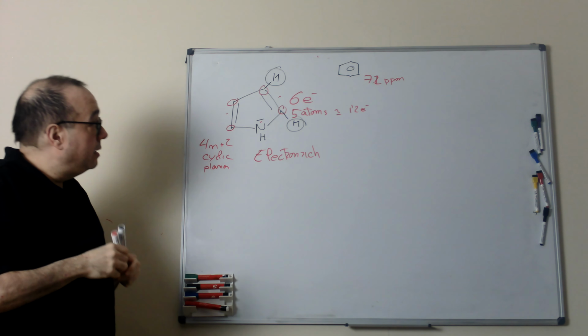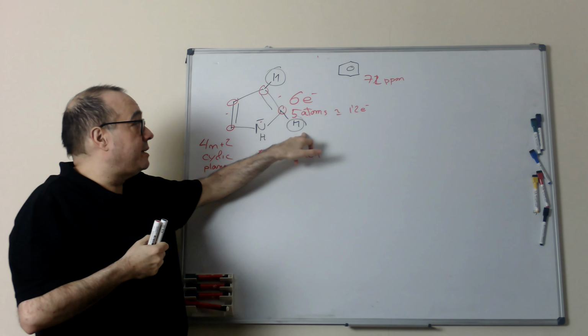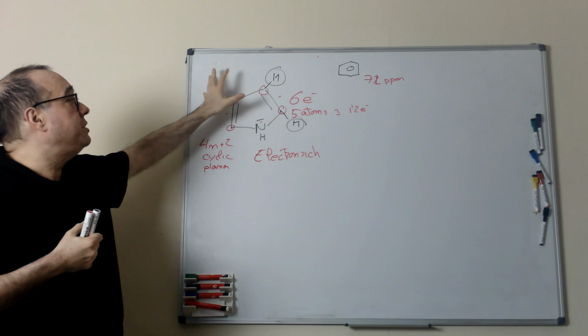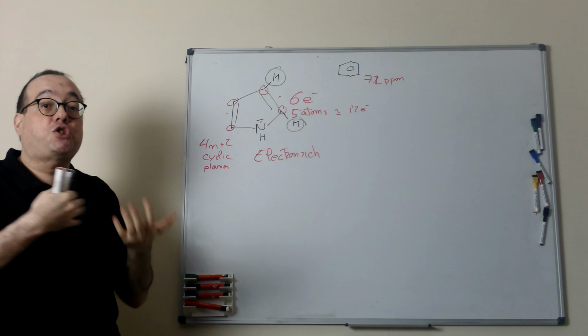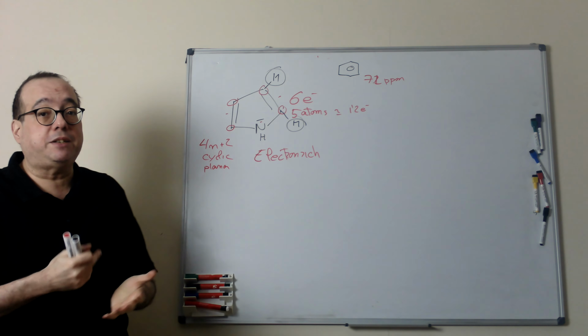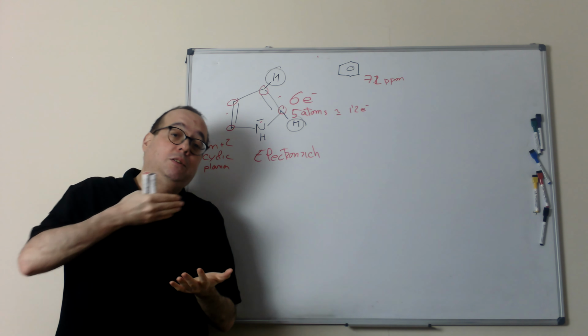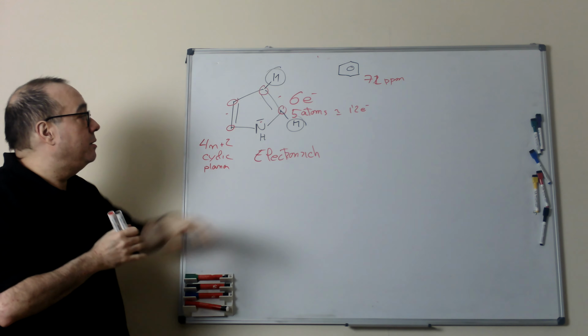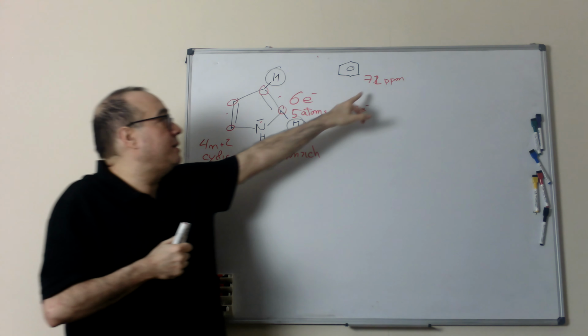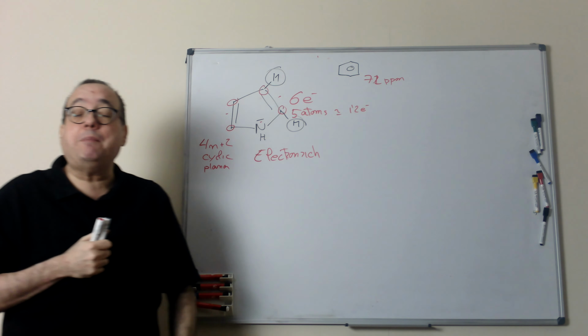If this ring is electron rich, we expect these hydrogens to be more shielded, so they should go down in ppm, lower than 7.2 ppm.